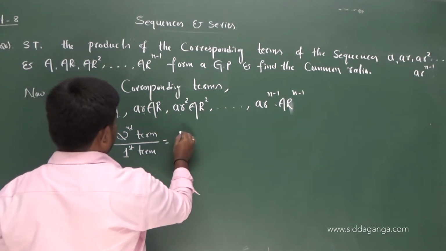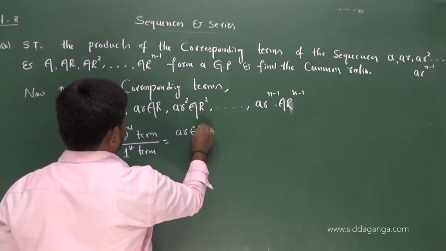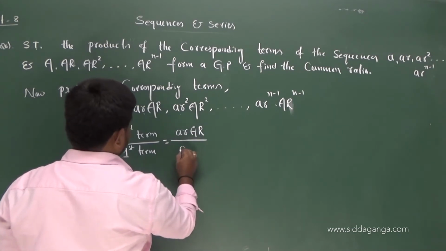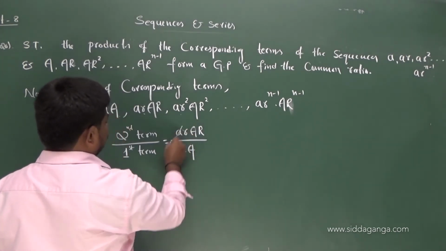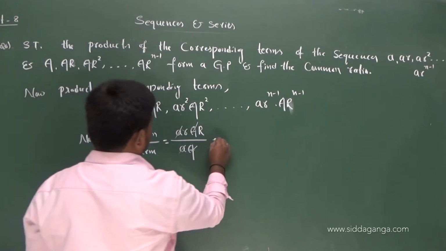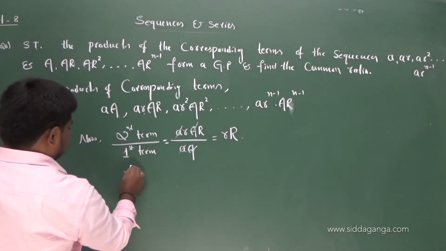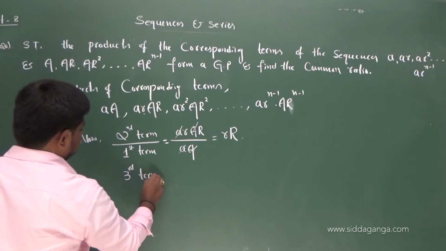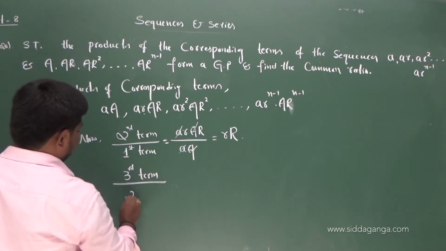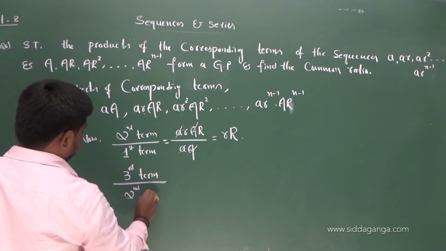That is AR into AR, second term, divided by A into A. So A gets cancelled, you get R into R. Now third term divided by second term, A3 by A2.